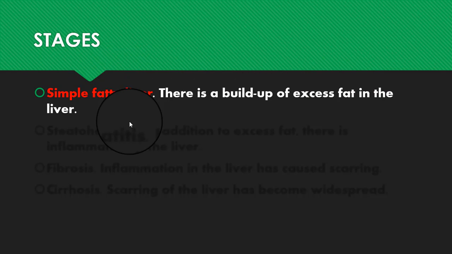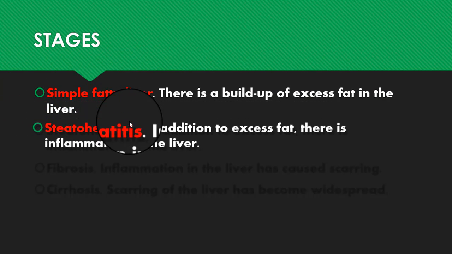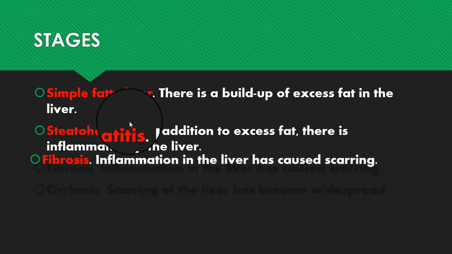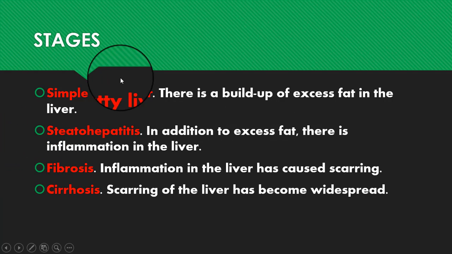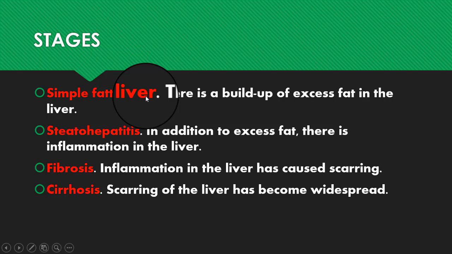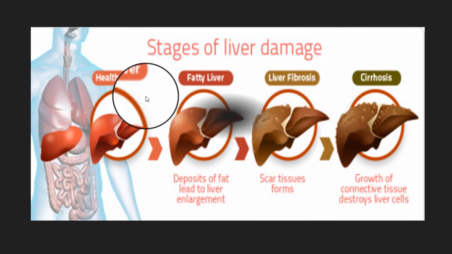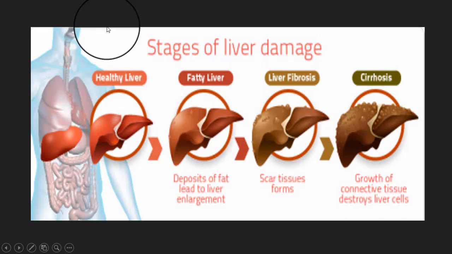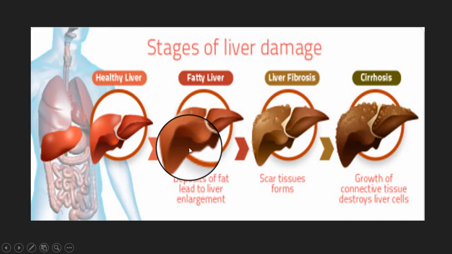Fatty liver can progress through 4 stages. The first stage is simple fatty liver, which means there is a buildup of excess fat in the liver. Then it leads to steatohepatitis. Now, what do you mean by steatohepatitis?